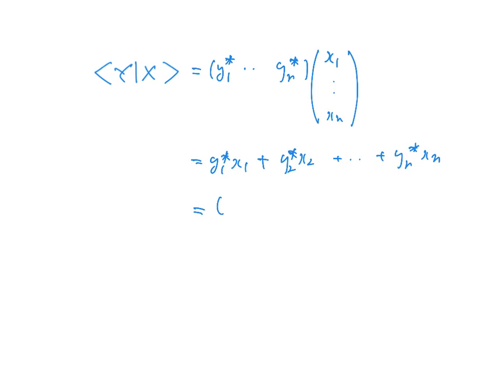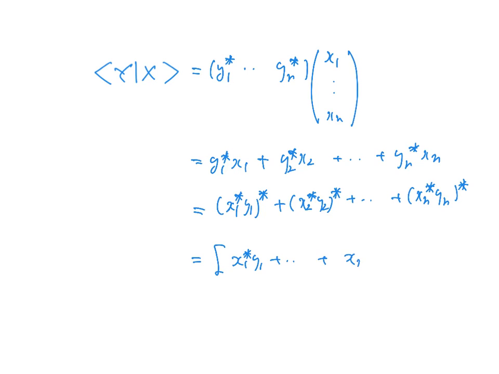It's actually x1 star y1 complex conjugate, plus x2 star y2 complex conjugate, and so on, same as the complex conjugate of xy.